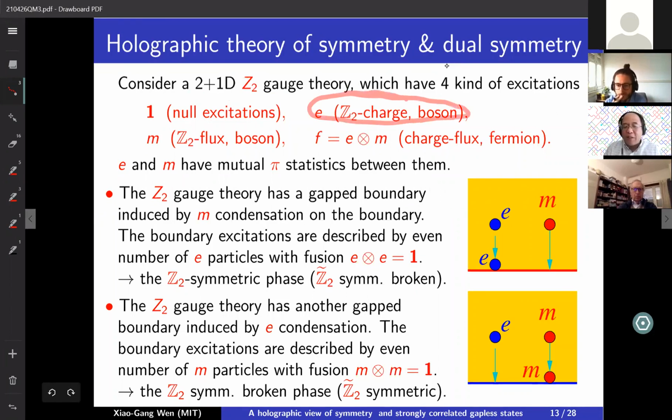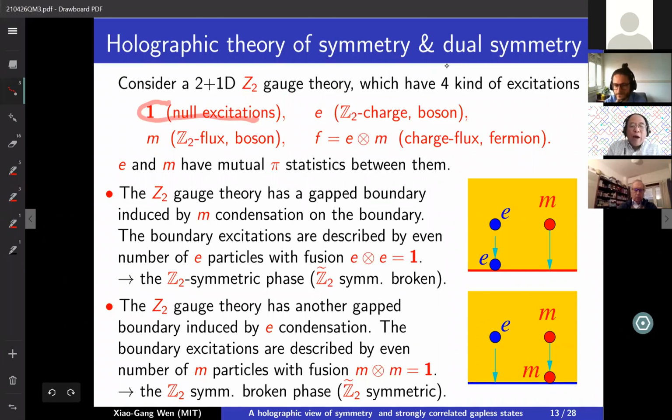The gauge field has a gauge charge, and the gauge charge is a Z2 representation. So we have this Z2 charge, which is a boson. As a gauge theory, we also have flux, gauge flux. For the Z2 group, the flux is just a pi holonomy. You go around a point and you get a pi flux. This pi flux is called the M excitation. That's a basic excitation in the Z2 gauge theory.